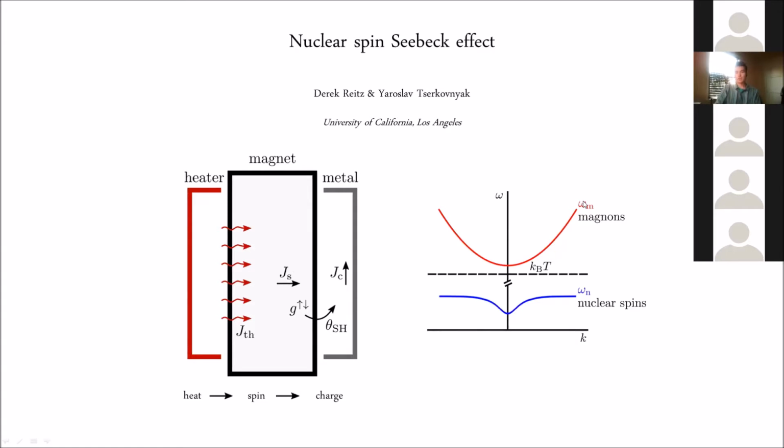So there's a magnetic branch here, and there's the nuclear spins. The key features are the nuclear spins can hybridize with the magnons, and the magnon branch is generally at a higher energy than the nuclear branch.